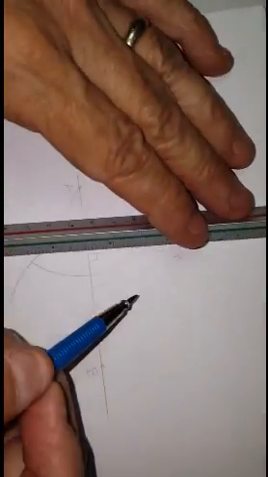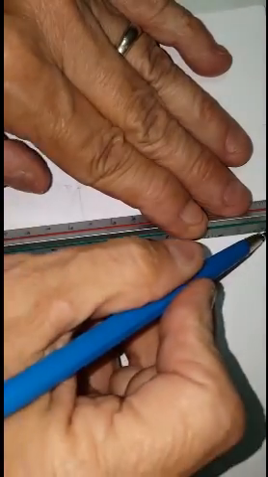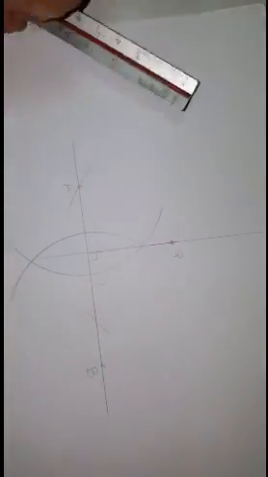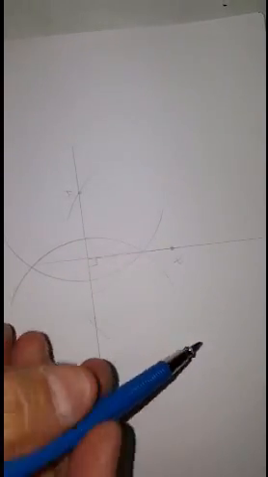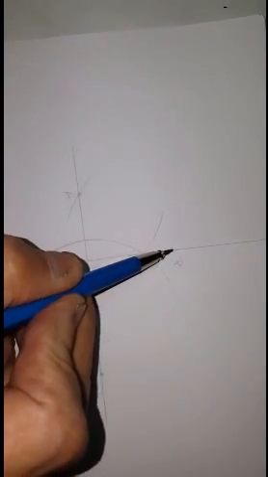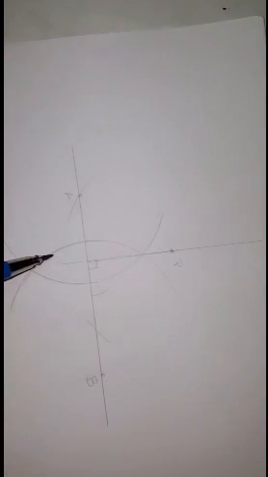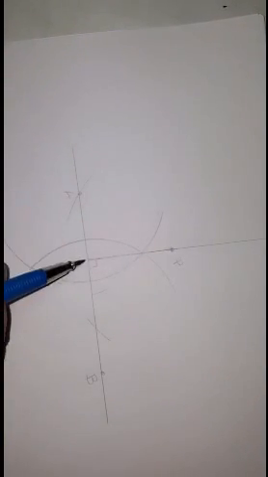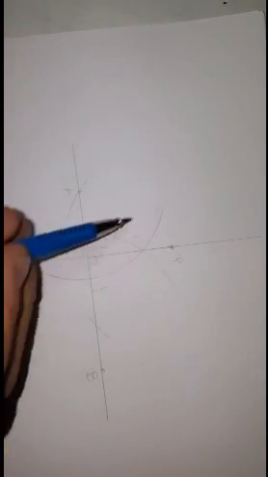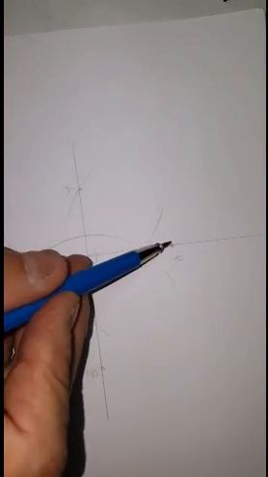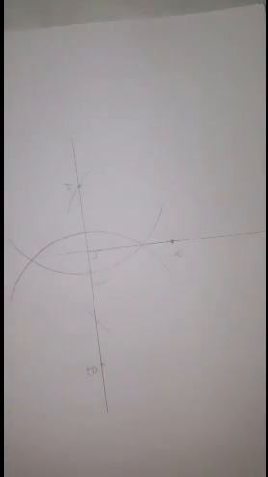So the way you copy an angle, if you remember, there's two ways to do this. You can copy the angle, or you can create a perpendicular to this point here, so that anything that's perpendicular to this line is also perpendicular here. So by definition, if this is perpendicular to this and this is perpendicular to this, then these two lines will be parallel.